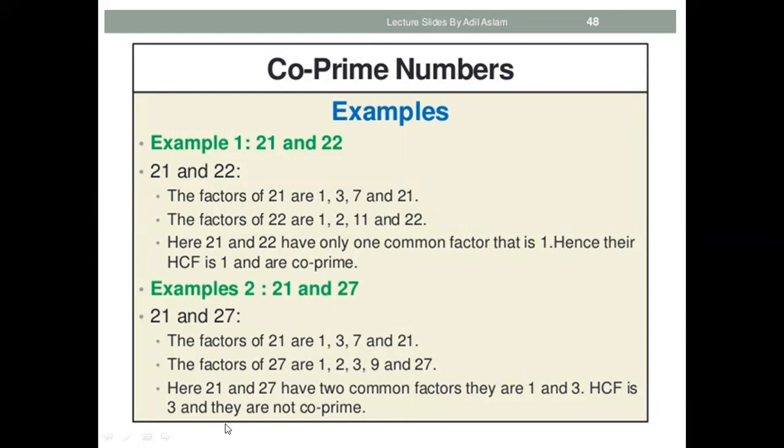So here 21 and 27 have two common factors. They are 1 and 3. So 21 and 27 are not co-prime numbers because we have two common factors. For co-prime numbers, we have only one common factor, that is 1.